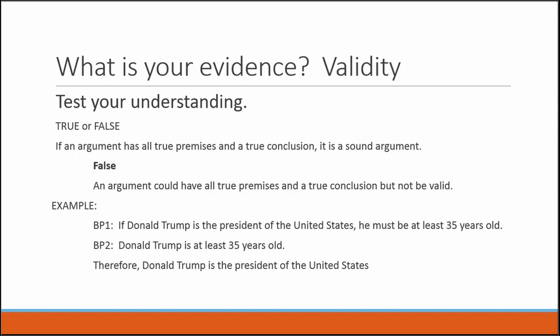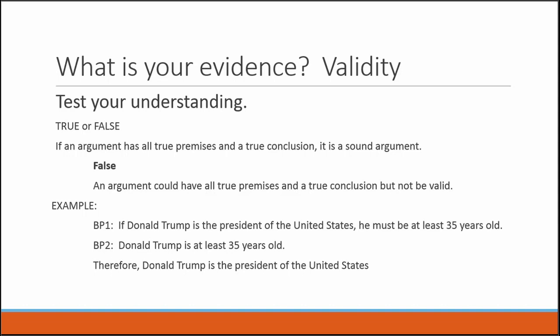It is not valid. We can imagine a situation in which both premises are true and the conclusion is false. For example, in 2014, both premises were true, but the conclusion was false. Similarly, if he loses the next presidential election, then when the next president takes office, both premises will still be true, but the conclusion will be false.